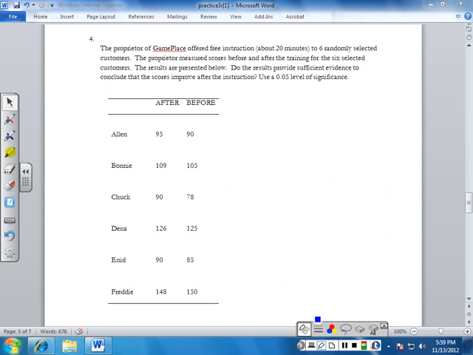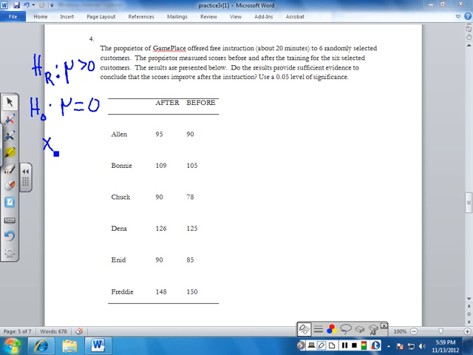So I'm just going to rewrite up here. Our research hypothesis was mu greater than 0. H0 was mu equal to 0.